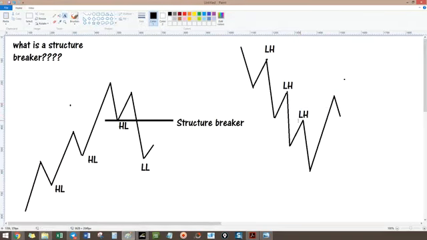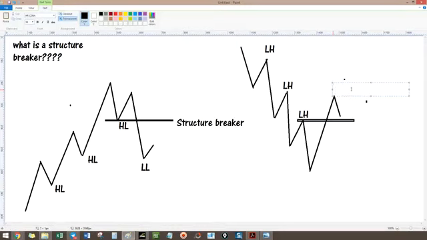Okay, so you need to break this lower high and become a higher high. Okay, this is also a structure breaker.